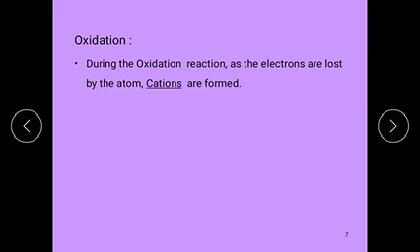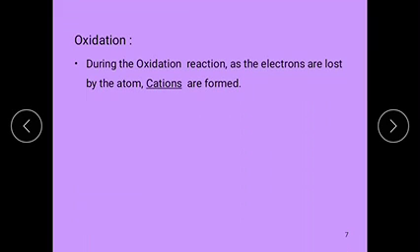A chemical reaction in which the oxidation number increases is also an oxidation reaction.